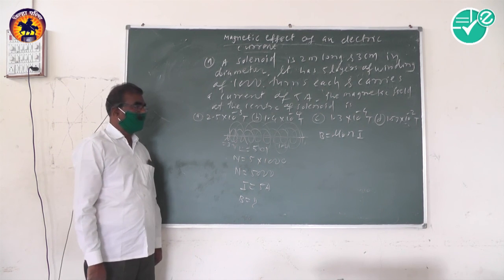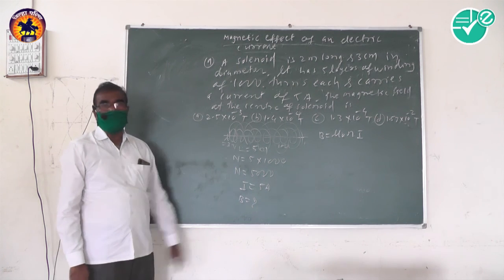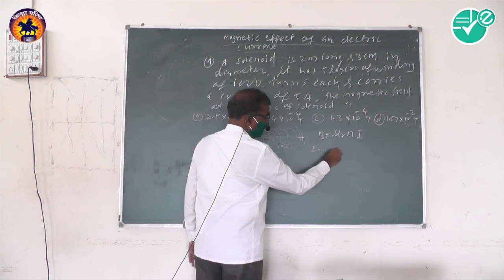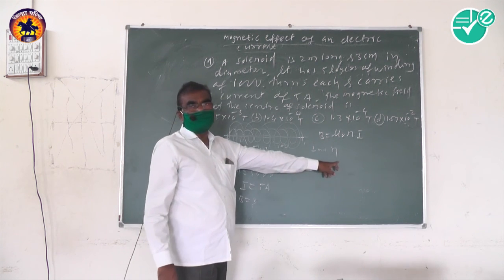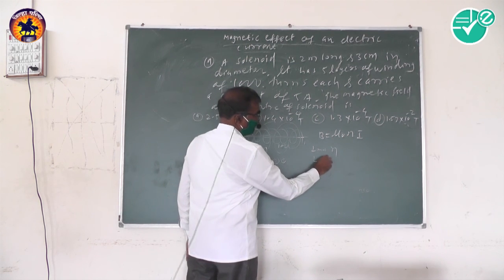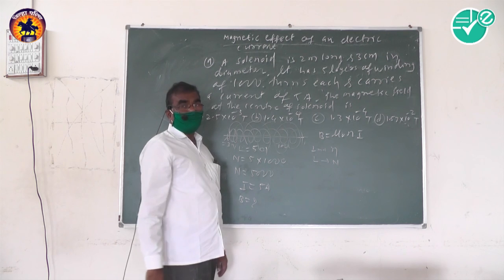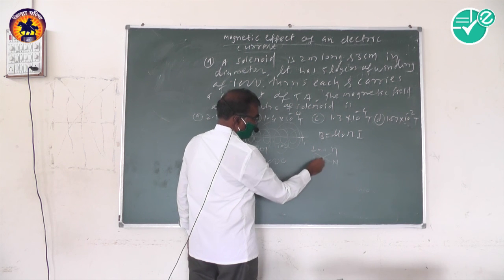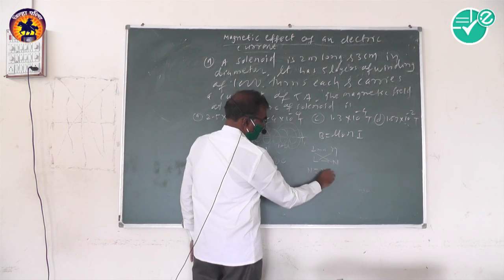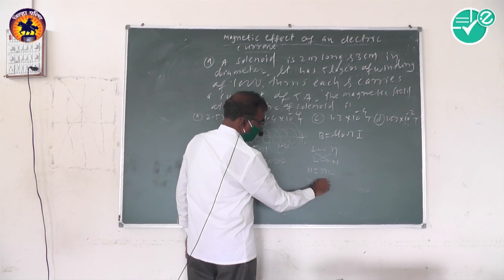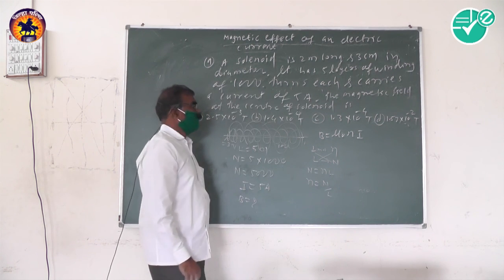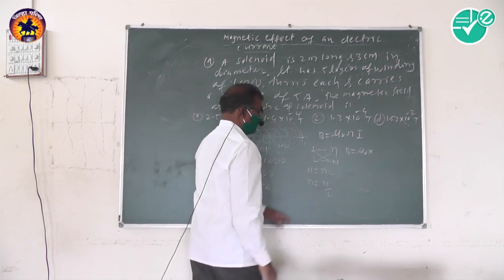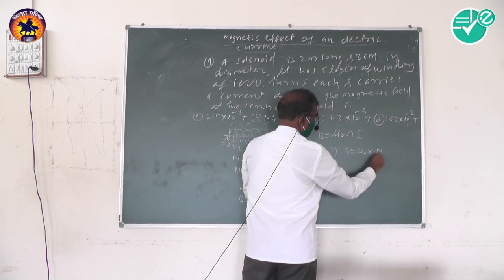B equal to mu 0 n I, where n is the number of turns in 1 meter length. And in L meter, the total number of turns is N equal to n L, or n equal to N by L. So B equal to mu 0 into N by L into I.